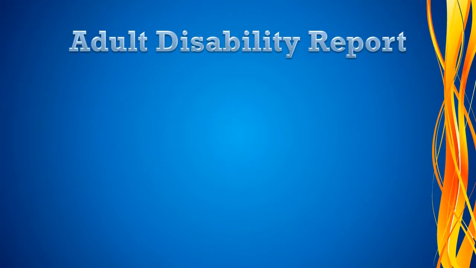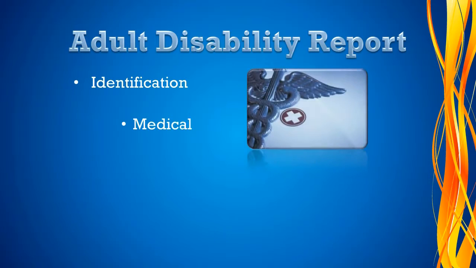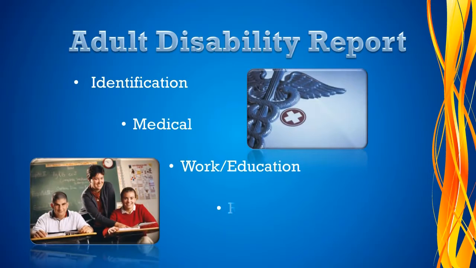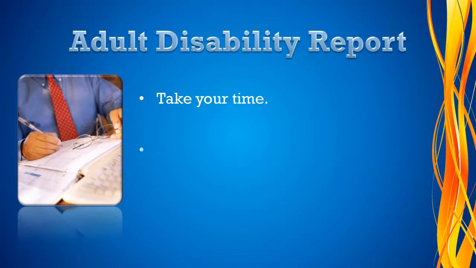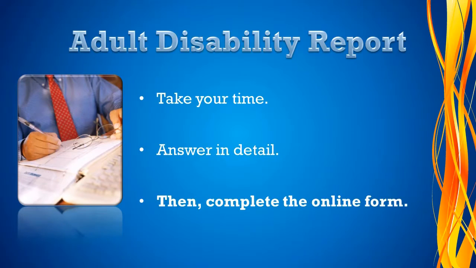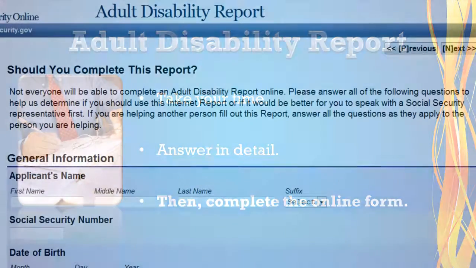The Adult Disability Report contains 5 sections: identification, medical, work, education, remarks, and review. Take your time and answer the questions in detail. You'll use this information to complete the online Adult Disability Report.